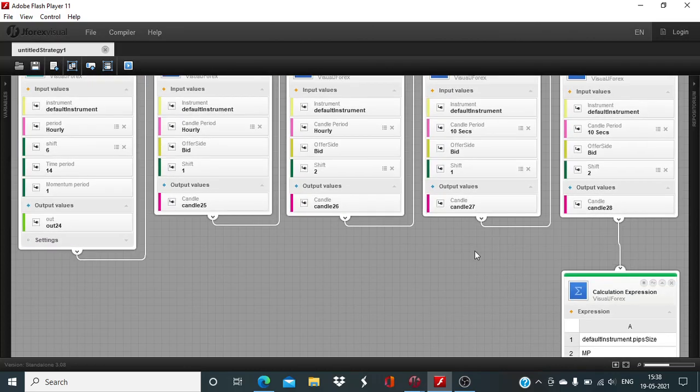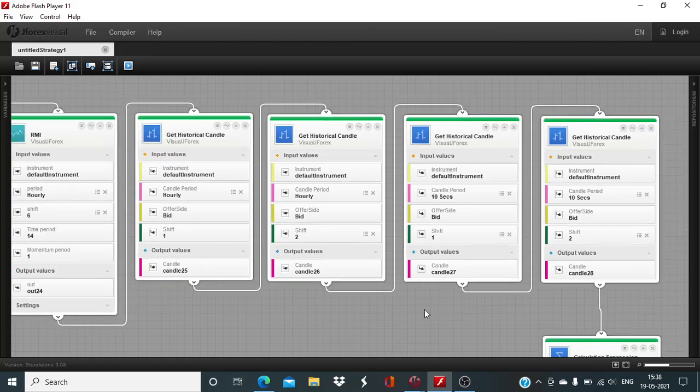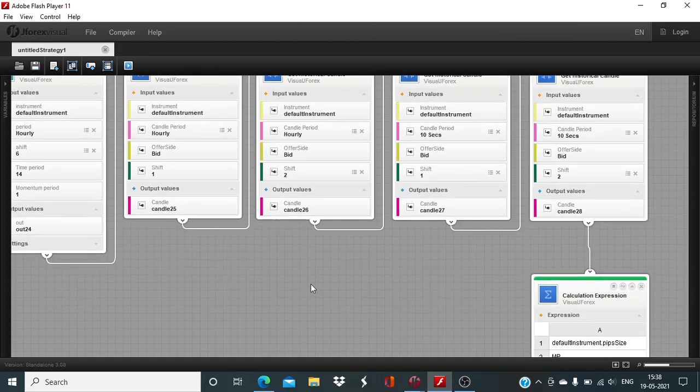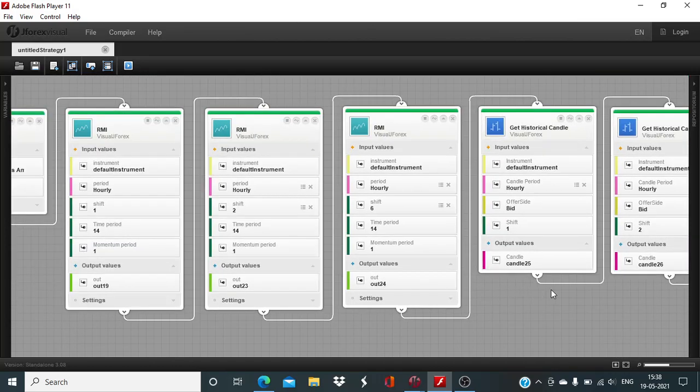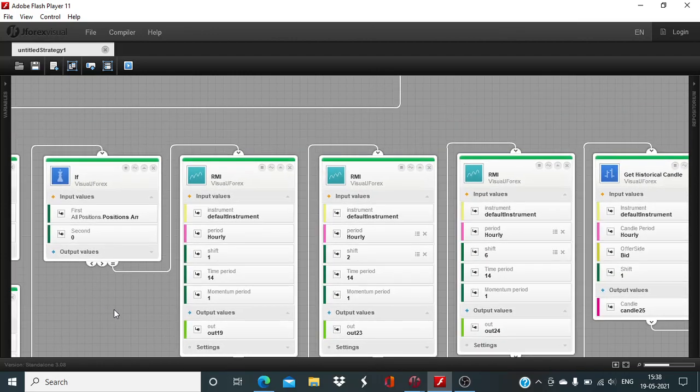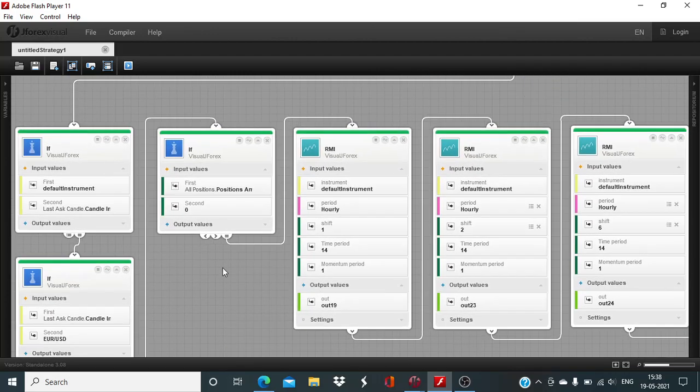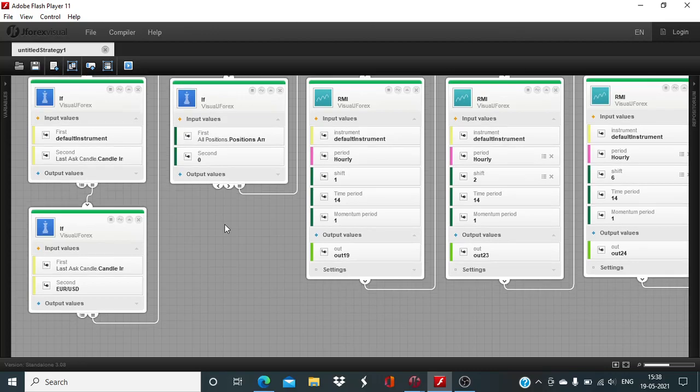Now as the time is running out, we will stop here with our bare bones structure ready, and in next session I will be explaining to you how you can go about defining the buy side.